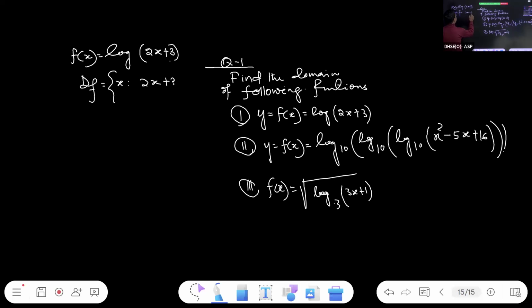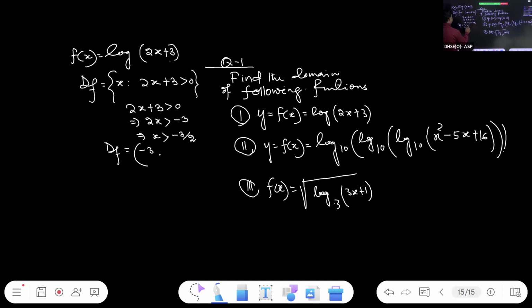Here the argument is 2x plus 3. So 2x plus 3 greater than 0 implies 2x greater than minus 3, which implies x greater than minus 3 by 2. So the domain of the function is minus 3 by 2 to infinity.